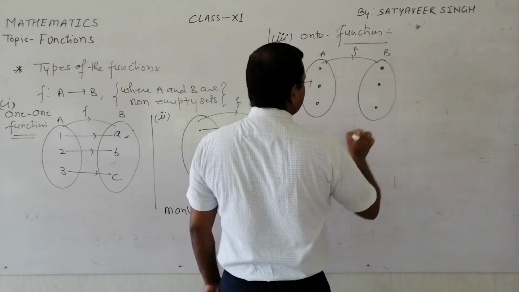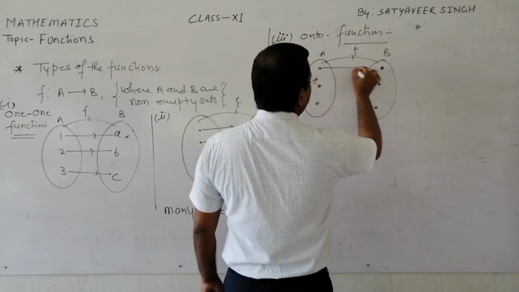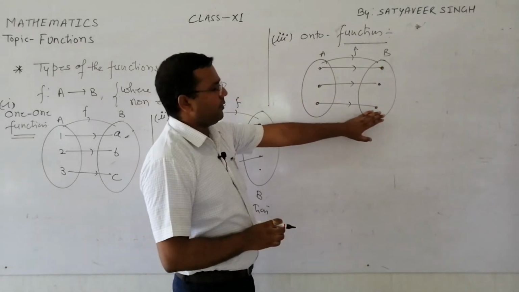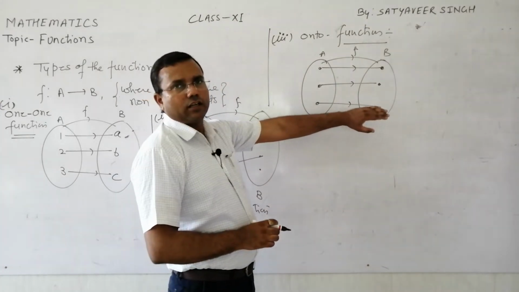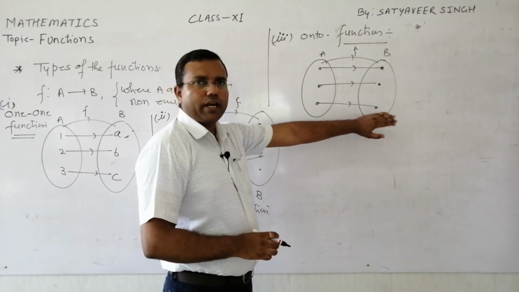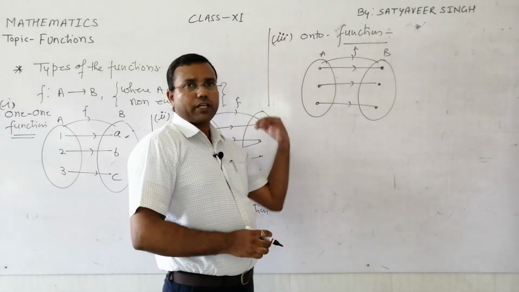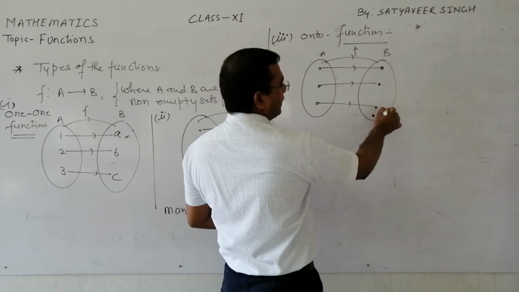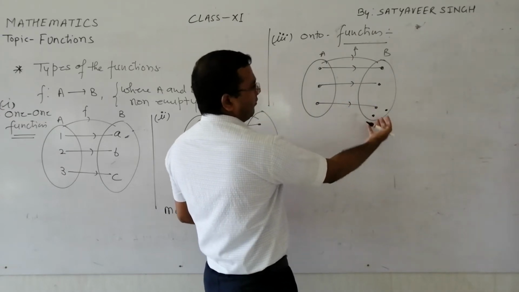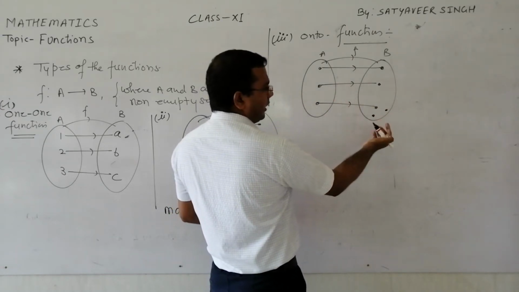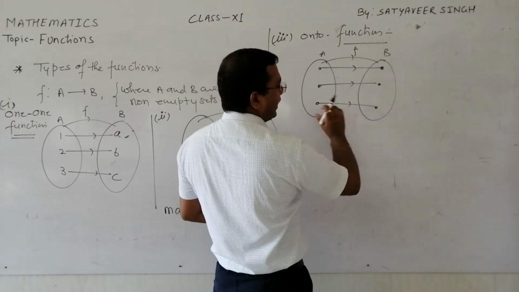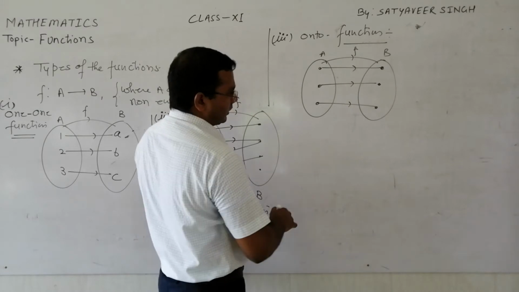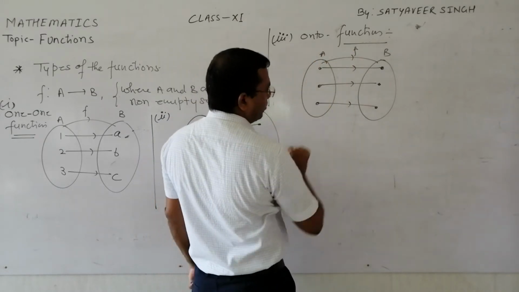Suppose the elements are connected in this way, with not even a single element in set B unconnected or remaining without its pre-image. Sometimes some elements remain in set B without a pre-image, but it is not happening here because all the elements have their pre-image. Whenever this situation comes, it is called onto function.